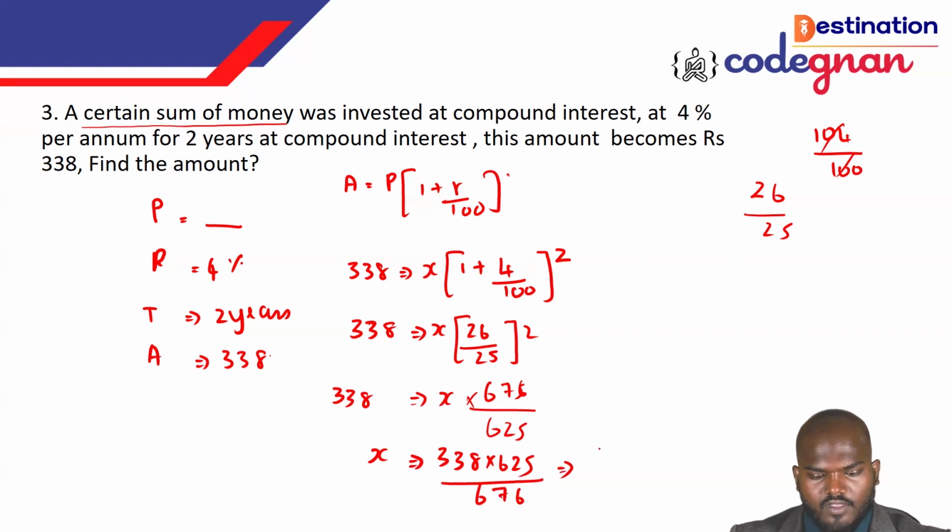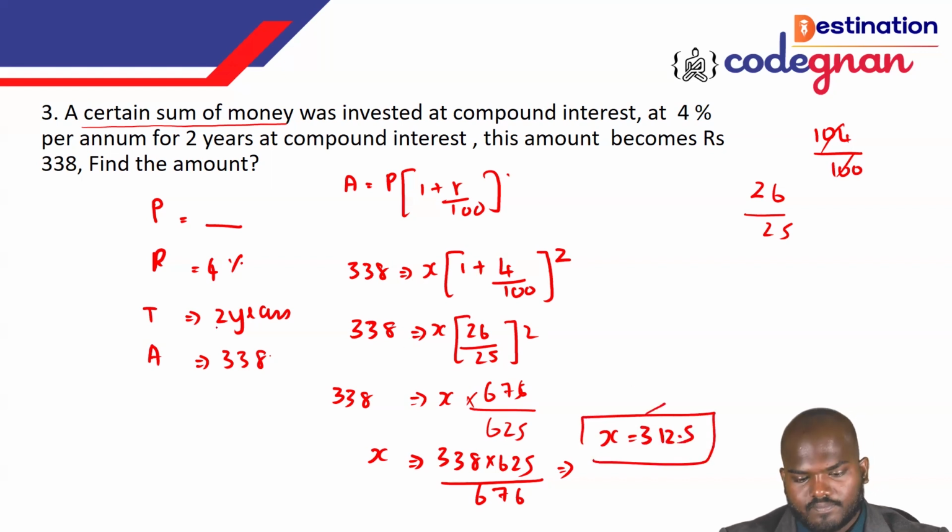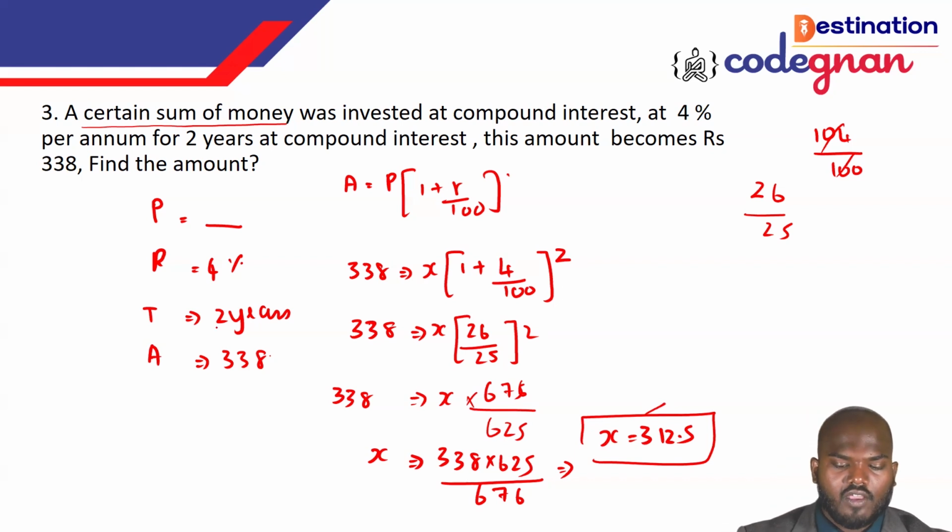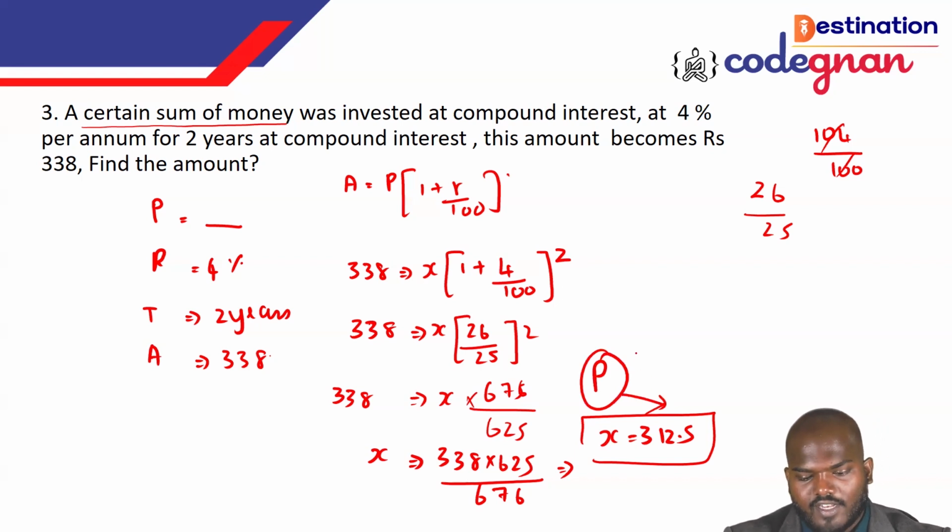If you work it out, the value we get is x equal to 312.5. This is the principal that you have invested, the sum of money, that is 312.5. That is the answer here.